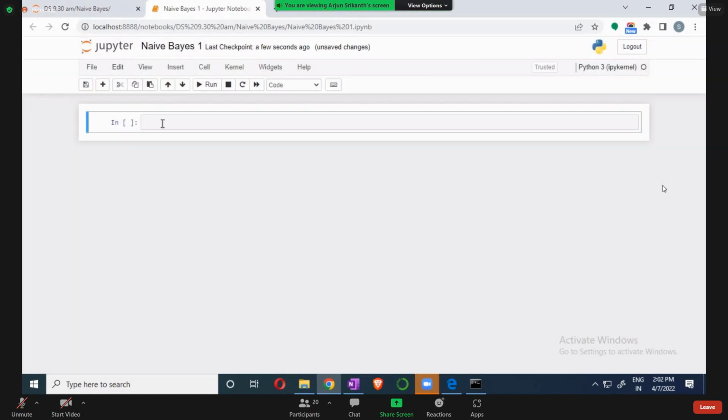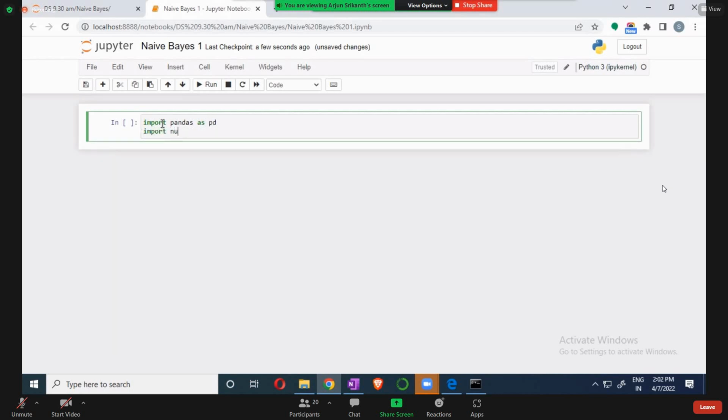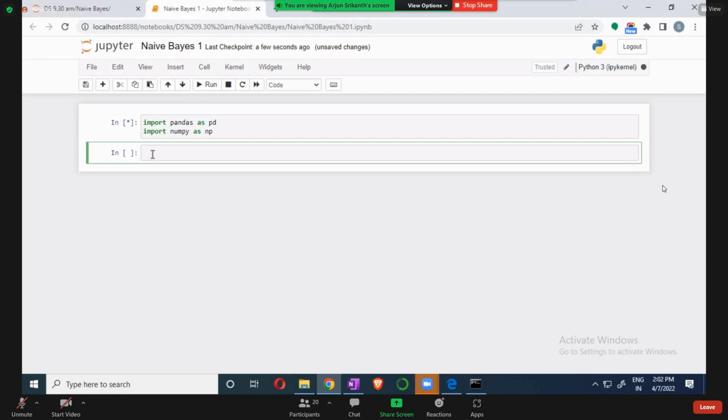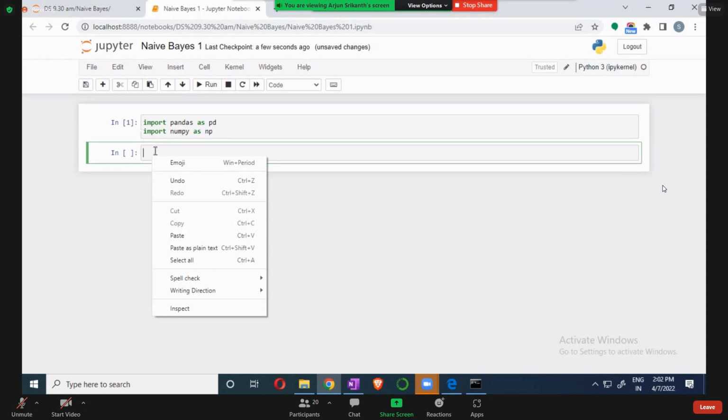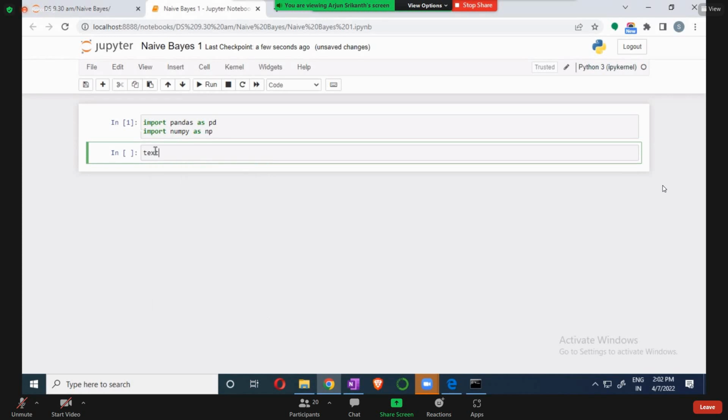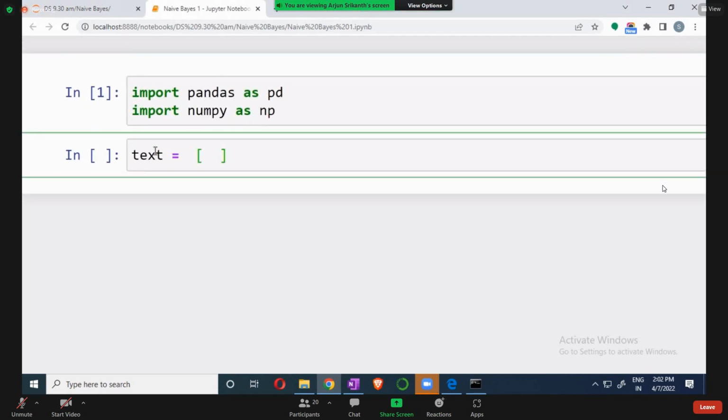Now let me do this, guys. First, import pandas as pd, import numpy as np. Now I will create the data. I'll give it the name text. Text is equal to, first I will create three text sentences. First one is: welcome to Python class.